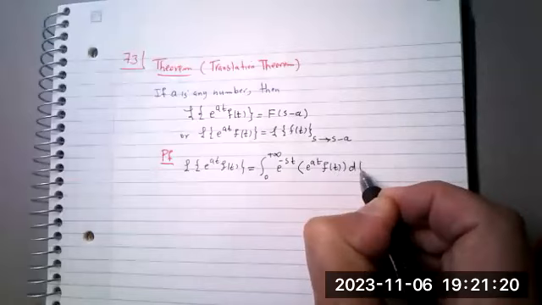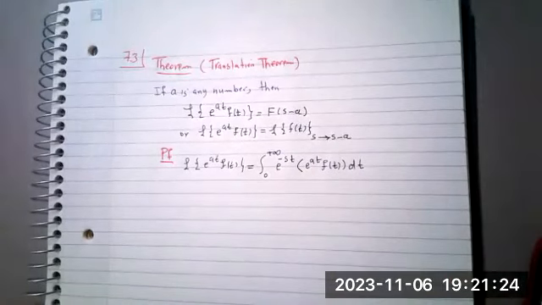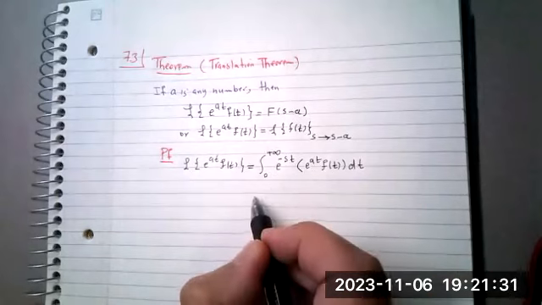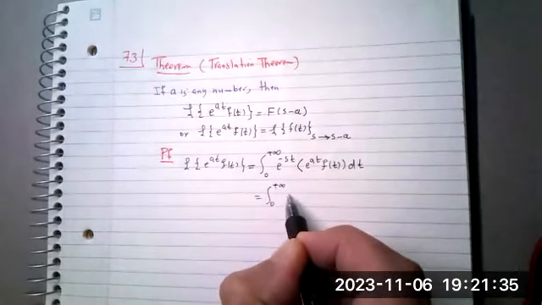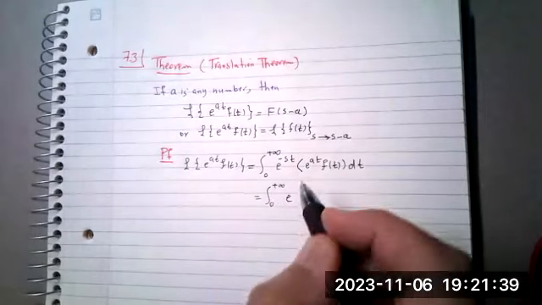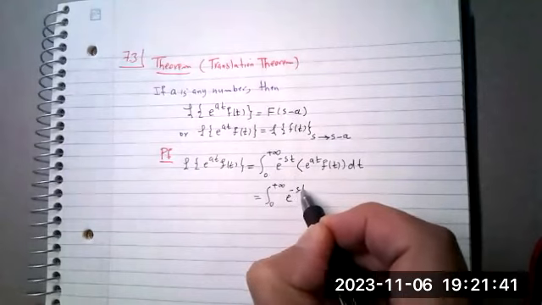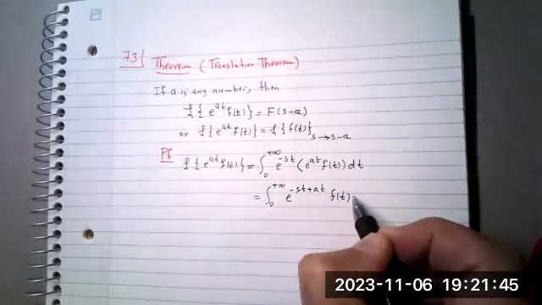We can call it g of t. The definition of the Laplace of f of t is the integral from 0 to infinity of e to the negative st f of t dt. Now, if you simplify this one, you see the bases are the same, so add the exponents together. That gives the integral from 0 to positive infinity of e to the negative s t plus a t, f of t dt.